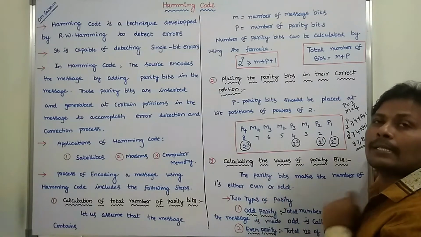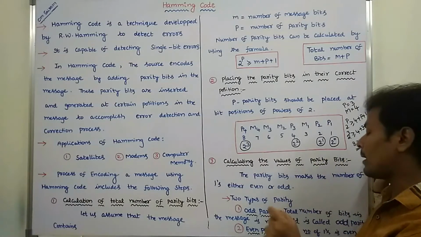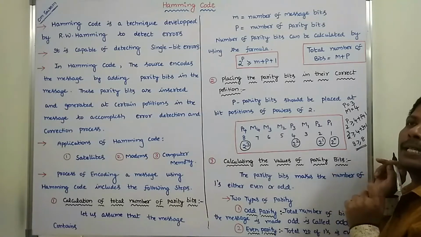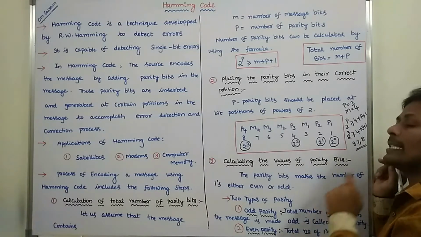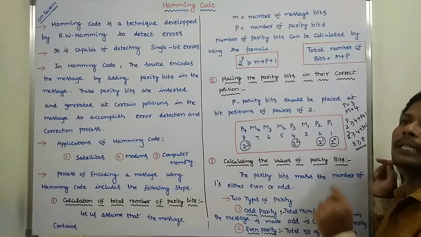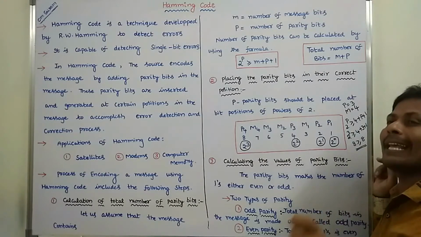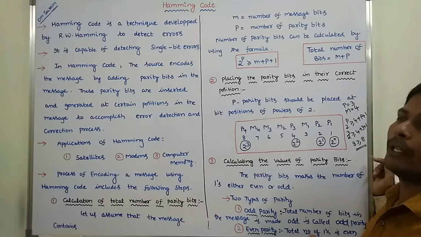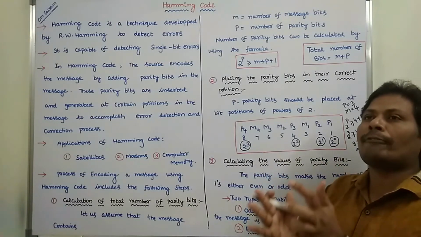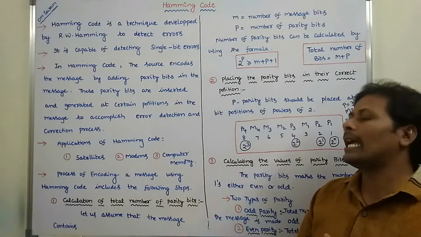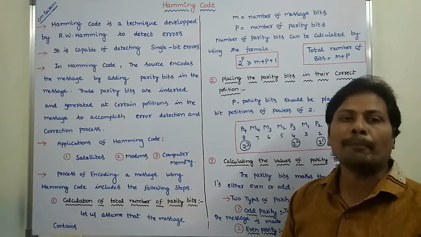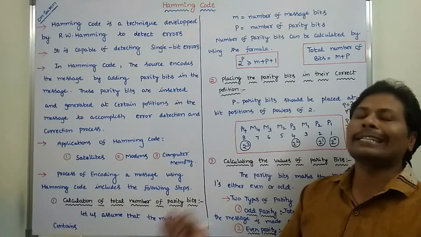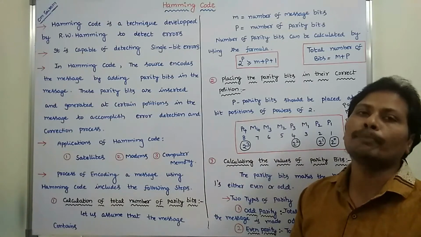If the total number of ones in the given message is even, then it is called an even parity. If the total number of ones is odd, then it is called an odd parity.